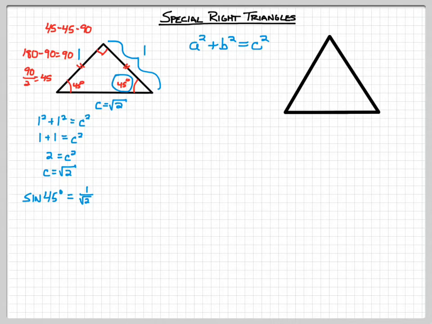Now, a lot of mathematicians consider it bad form to keep a square root in the denominator. So what we're going to do is multiply this by square root of 2 over square root of 2. We're not changing the value of this, because we're multiplying 1 over square root of 2 by 1. That 1 is just square root of 2 over square root of 2. Remember, anything over itself is 1. But what that does is when we multiply these two things across, in the denominator square root of 2 times square root of 2 equals 2.